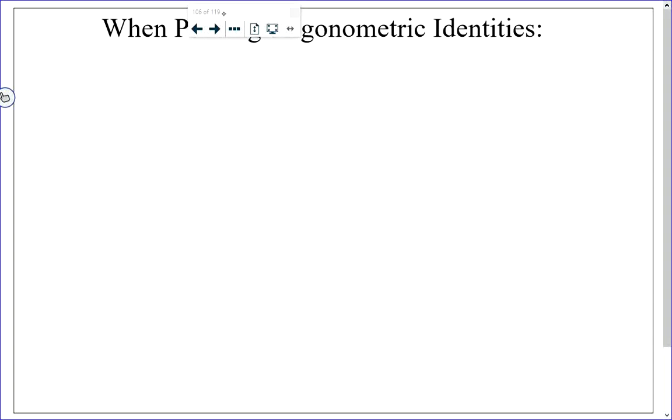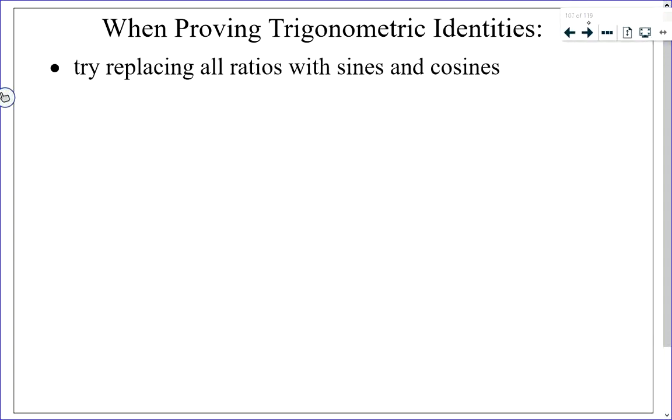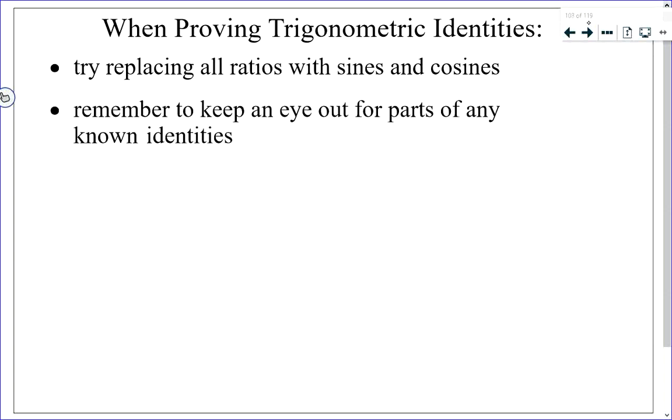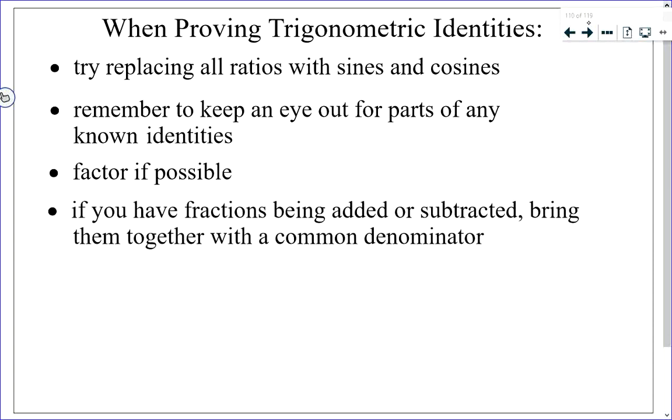If you are proving a trigonometric identity, and I would say it's very likely that you'll see a trigonometric proof on the written response of your exam, you follow all of the same strategies.